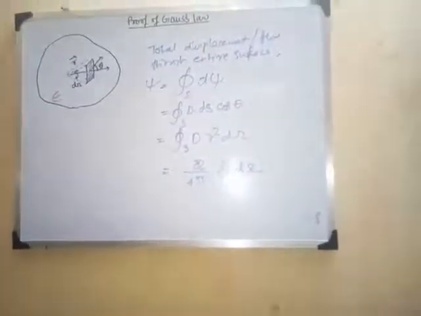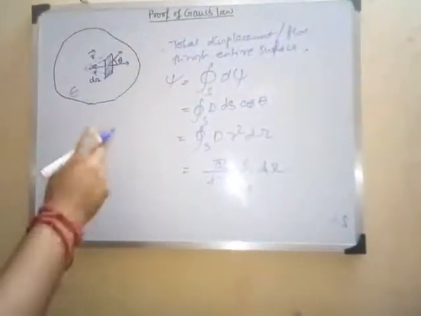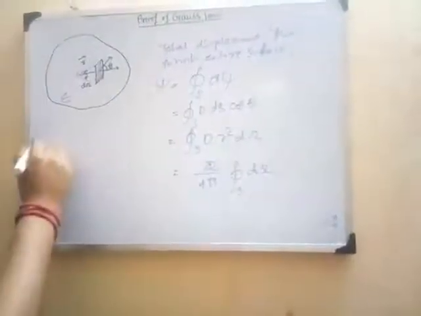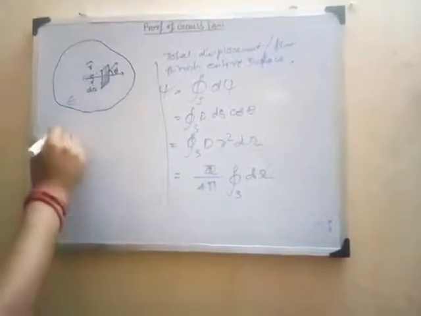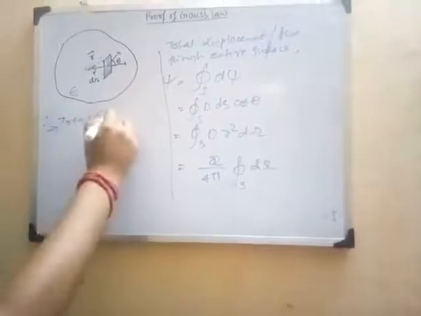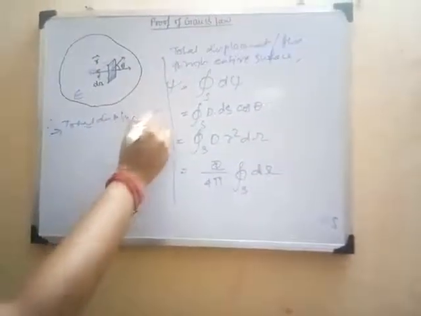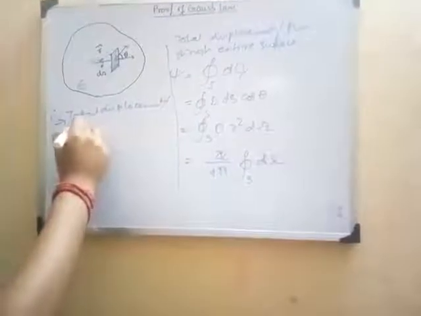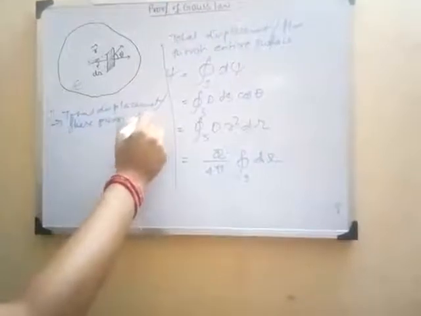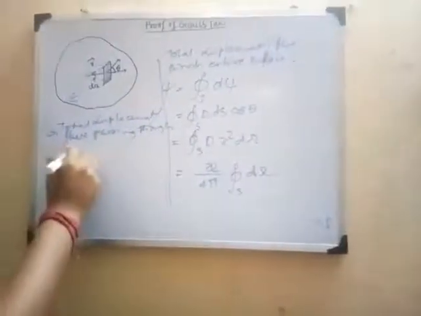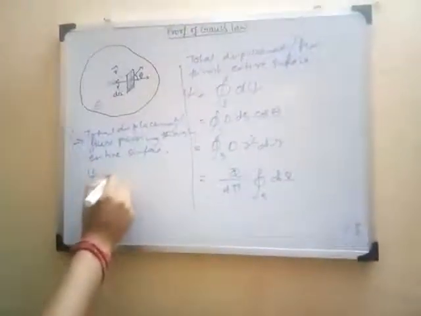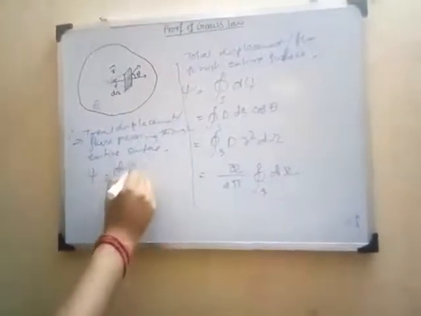Now we can find the total displacement passing through the entire surface. So the total displacement or flux passing through the entire surface equals psi, the closed surface integral of D·dS.